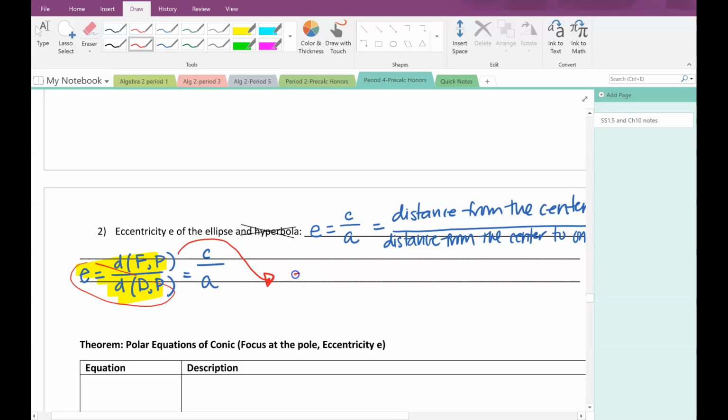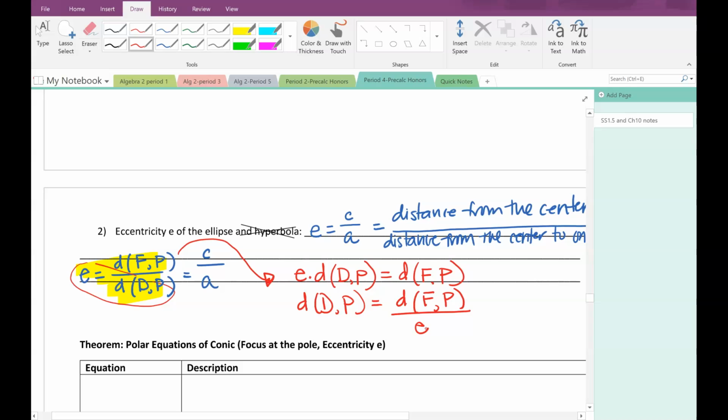So we have e times the distance from the directrix to a point P, which gives us the distance from the focus to P. We can also solve for the distance from the directrix to P: it's the distance from the focus to the point divided by our e value.